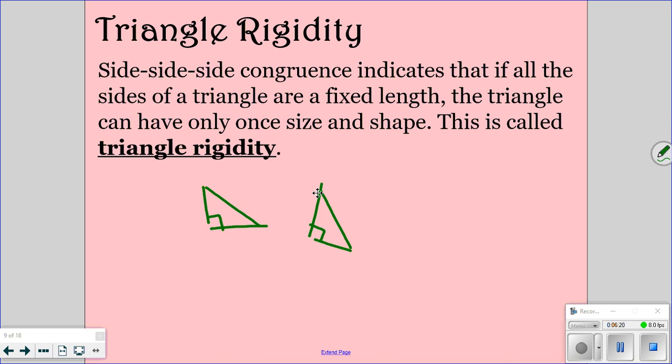So it can only have one shape and size. And so that's what triangle rigidity is. If you have your sides that are a specific length, then you only have one triangle. Even if you rotate it, flip it, turn it, whatever you do, it's still going to be the same triangle.